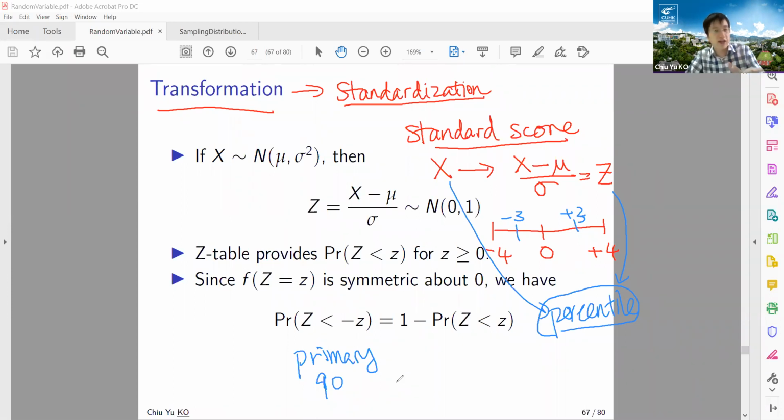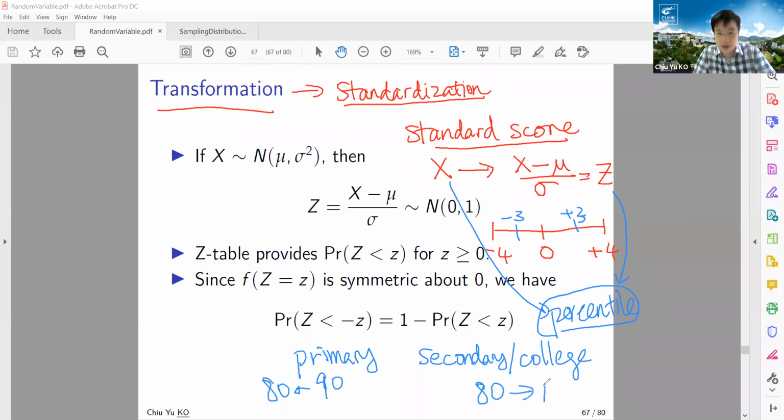If you get 80, then probably your parents would be asked to go to the school to explain why you didn't score high. But when you go to secondary school or college, if you get 80, maybe you already got an A. So why is it so different?